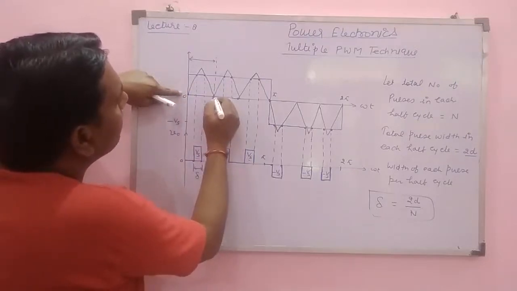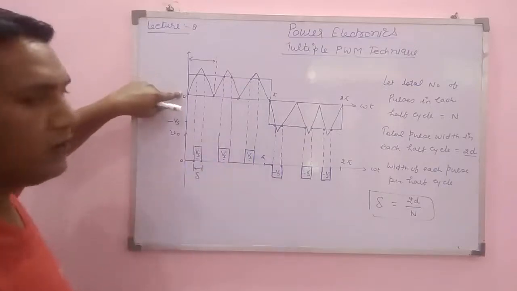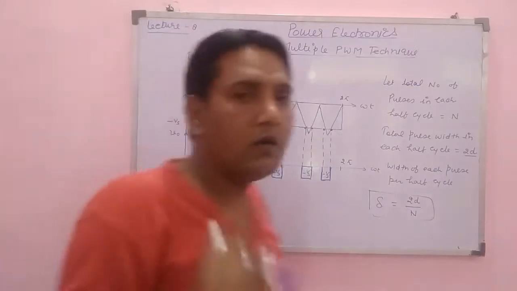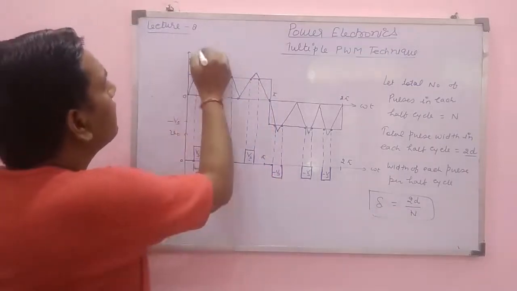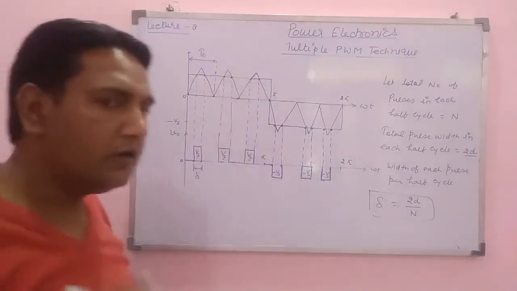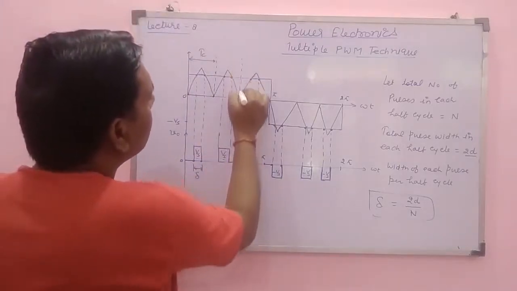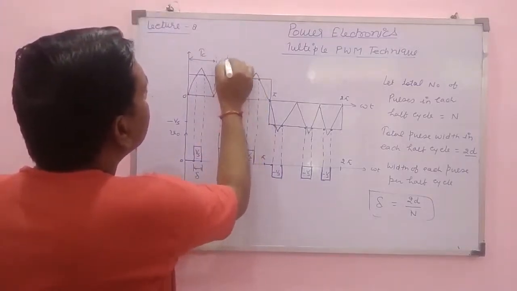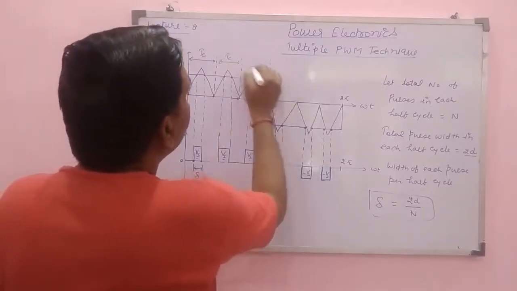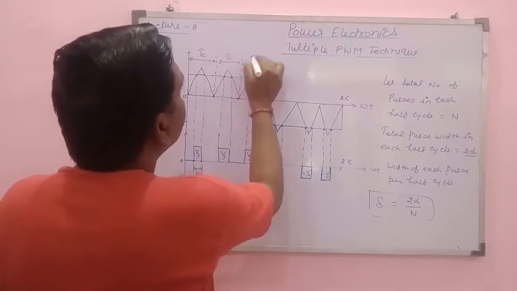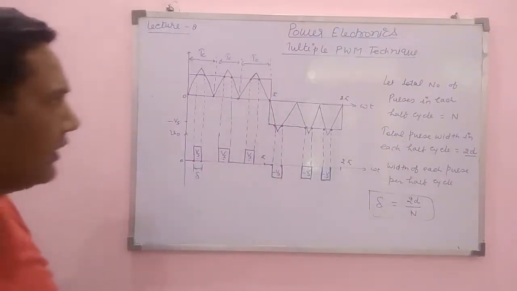After that, at the same point, the waveform is increasing again. That's why it is one cycle. And you know that the time required to complete a cycle is called the time period. So we can say this is the time period of the carrier wave. Similarly, from this point to this point, this is also the time period of the carrier wave, and from this point up to this point, this is the time period of the carrier wave.